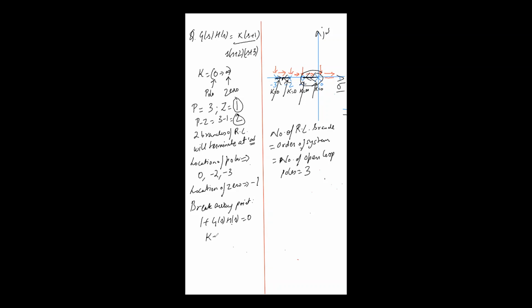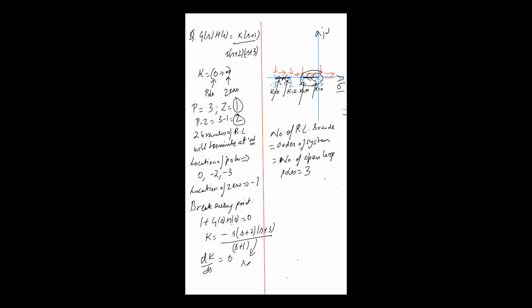So k will be equal to minus of s into (s plus 2)(s plus 3) upon (s plus 1). Now you need to differentiate this k with respect to s, dk/ds, and equate it to 0.